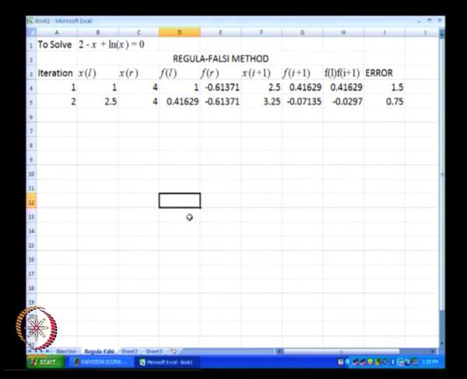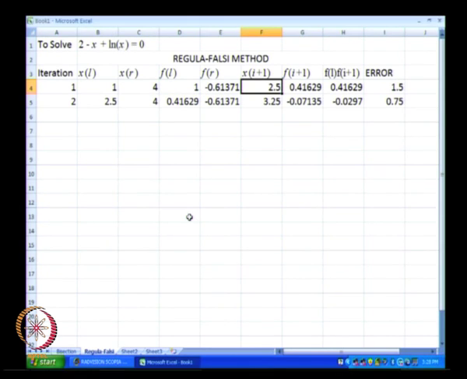Okay. So now we have the first row of the worksheet that we had used for the bisection method, and that is what we will use for our regula falsi method. Again, the same way as before, we start with XL equal to 1, XR equal to 4, we compute our f of XL in the same manner as before, and we compute our f of XR in the same manner as before.